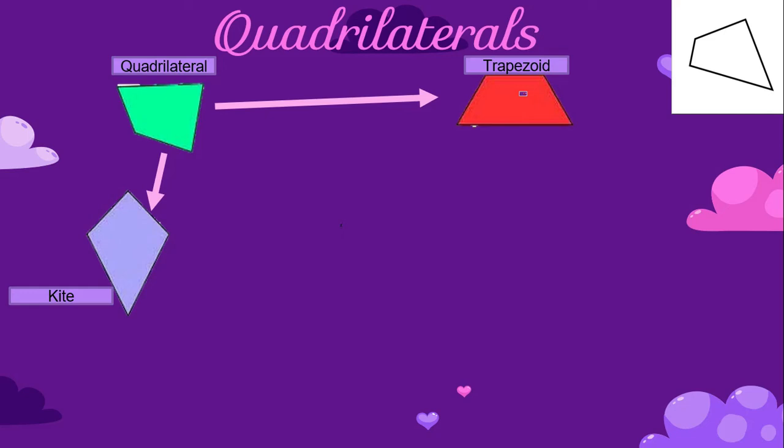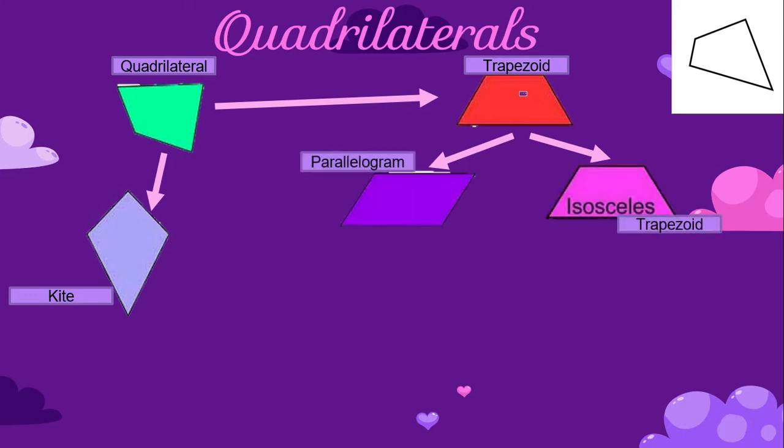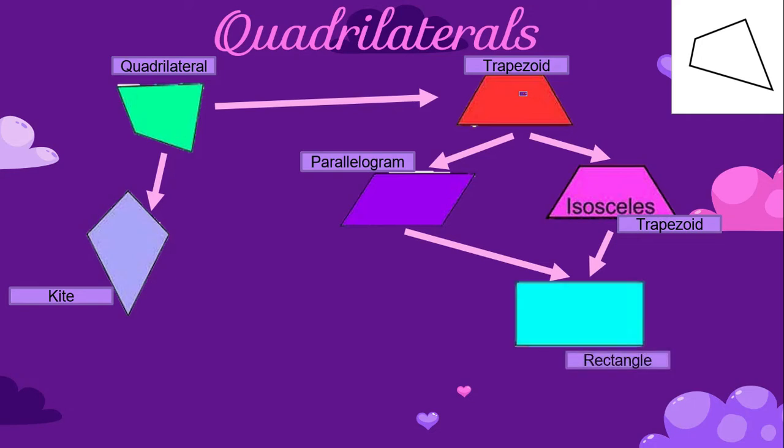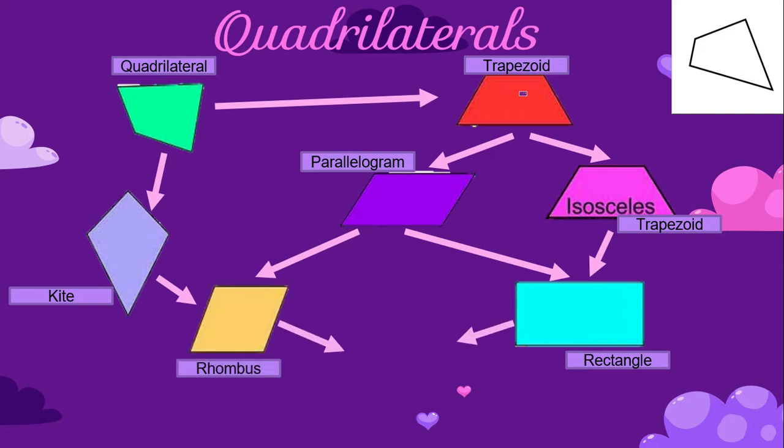Trapezoid has two kinds: the isosceles trapezoid and the parallelogram. The parallelogram and isosceles trapezoid have one kind, which is the rectangle. In the parallelogram and kite, there is a rhombus, and the rhombus and rectangle have a square. Let's identify them one by one.